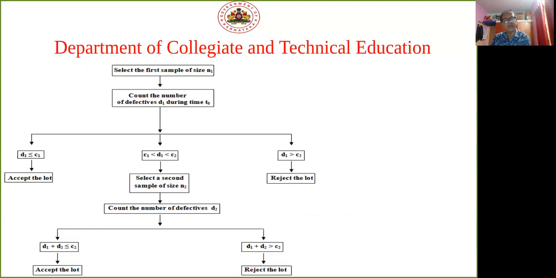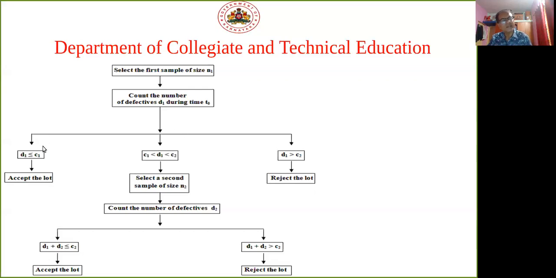You have to pick a sample of size N1 and inspect it. Once after inspecting, we count the number of defectives, say D1. Now if D1 is less than or equal to the acceptance number C1 for sample 1, then accept the lot.